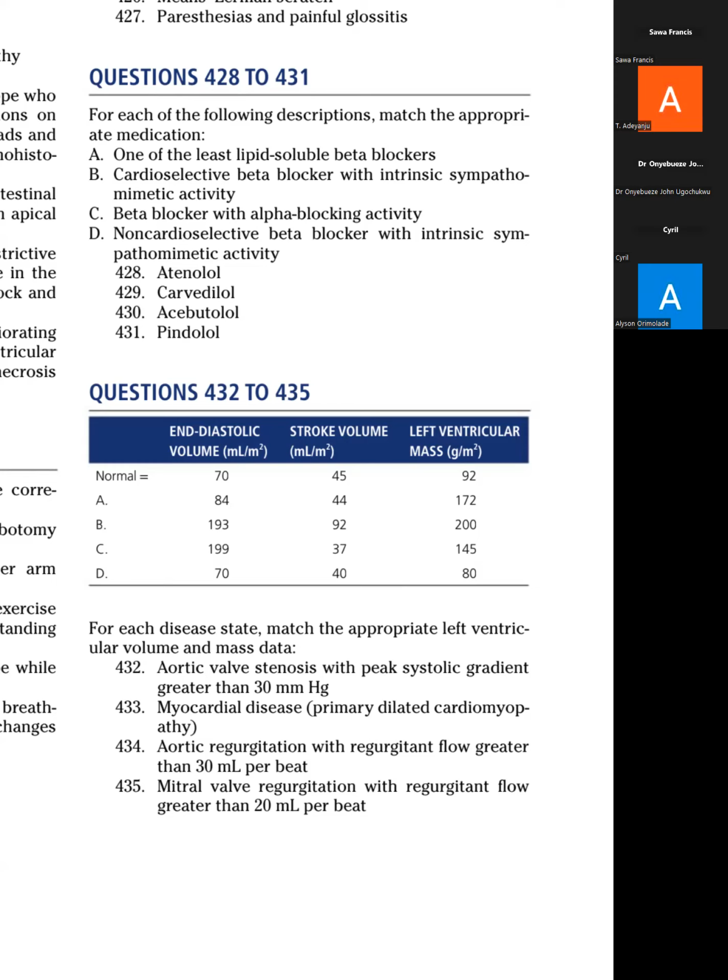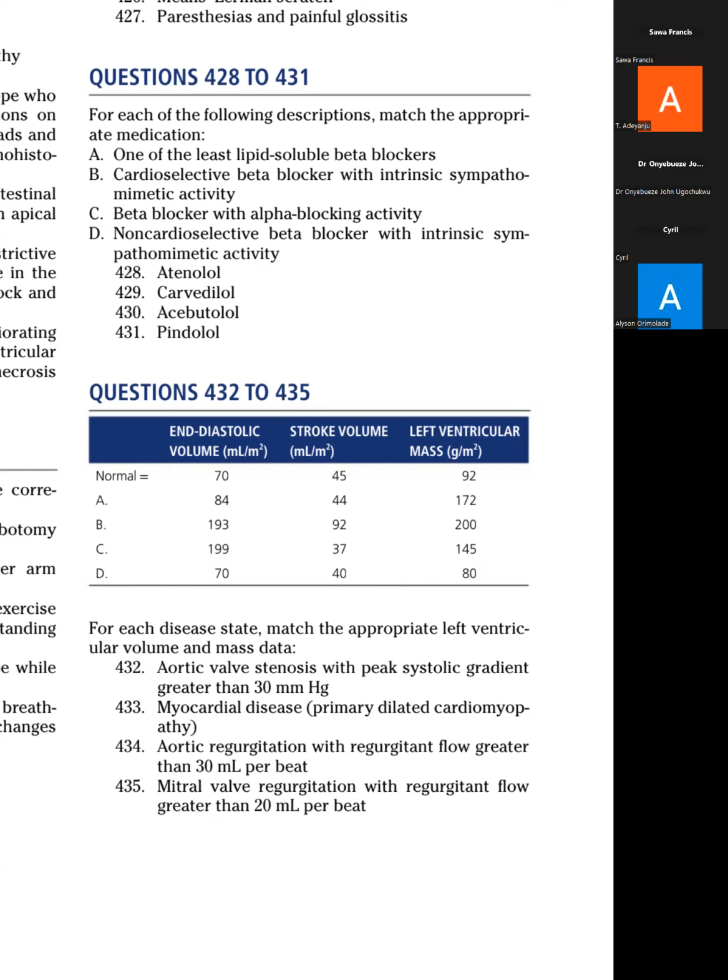Now, 433, we have myocardial disease. That's primary dilated cardiomyopathy. In primary dilated cardiomyopathy, we should expect eccentric hypertrophy, in which case you have increased volume and increased left ventricular mass. That should be an expectation in primary dilated cardiomyopathy. And here we have increased volume.